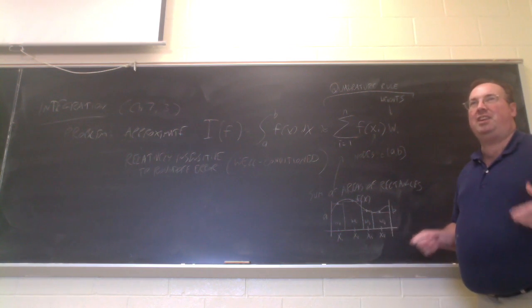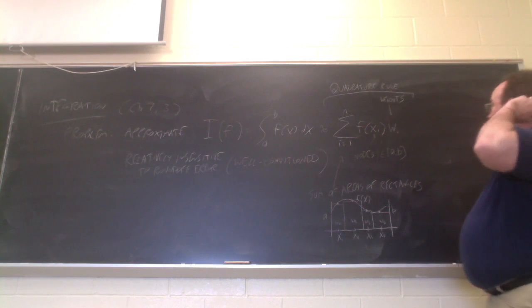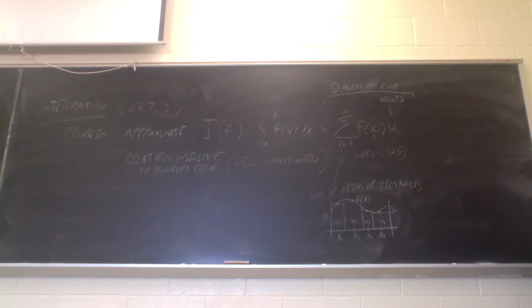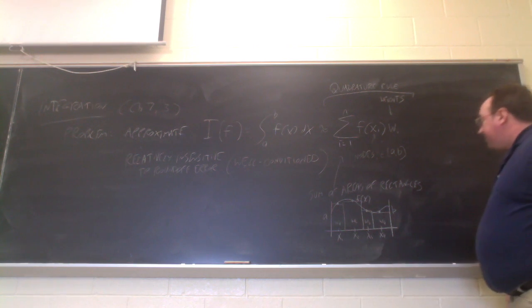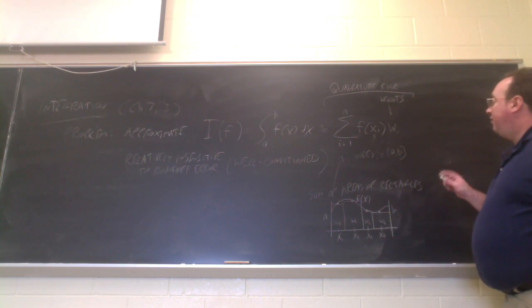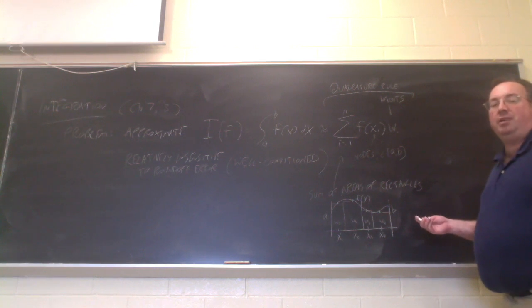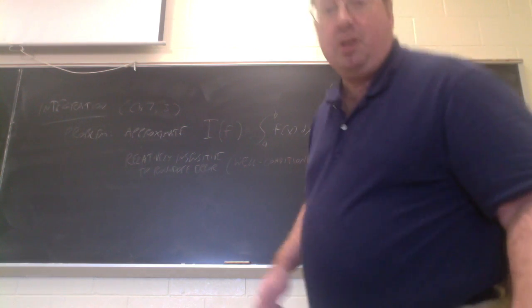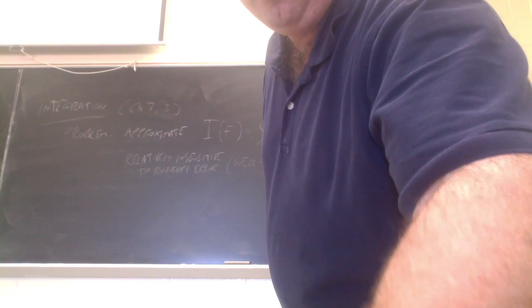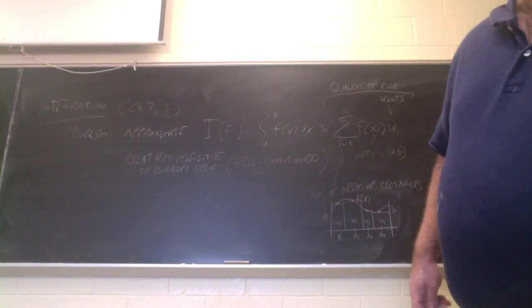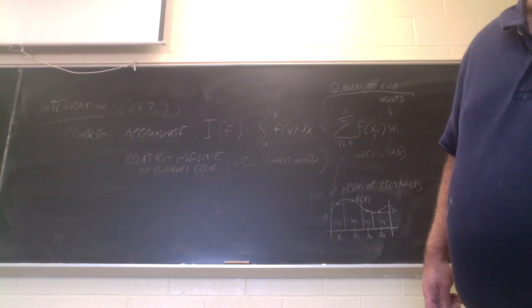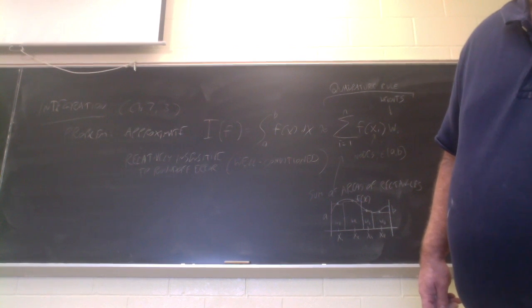Midpoints are. That's actually a good way to go. But we're going to look at other ways too that are even better. Okay. And this is where the term quadrature rule comes from, that we're using quadrilaterals, areas of quadrilaterals, the simplest ones, rectangles, to approximate the integral.